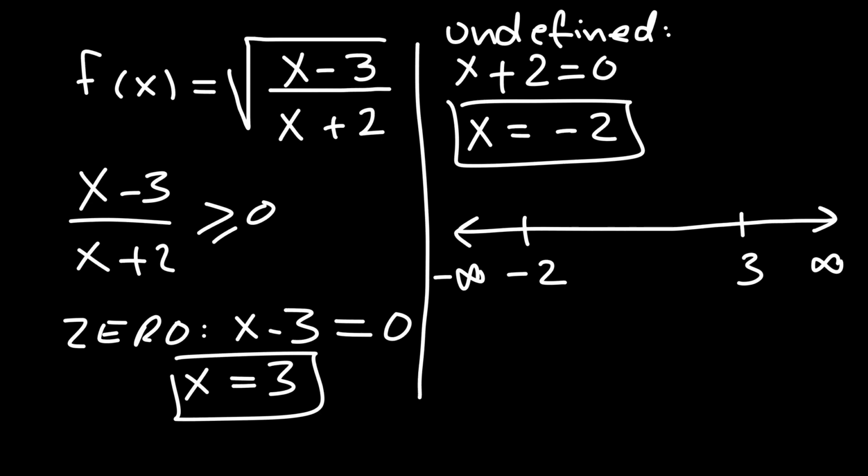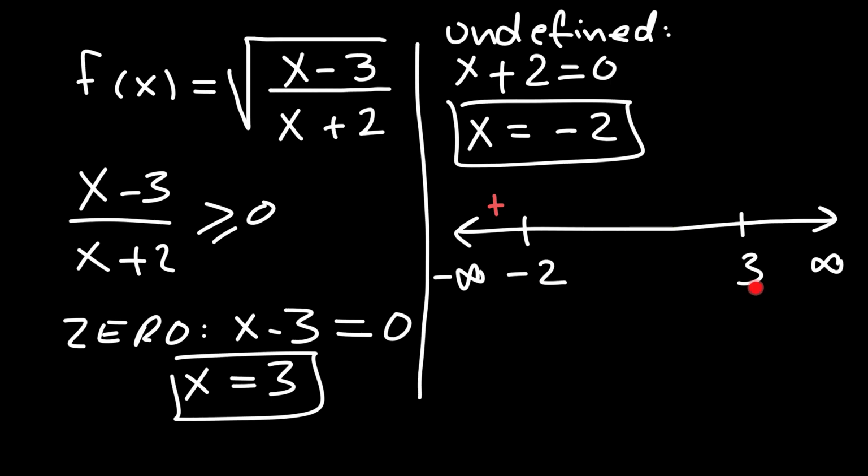Minus 3 minus 3 will give us a negative 6, so we will have a negative sign. Here, if we put negative 3 plus 2, we will get again a negative sign. So whenever we divide two negative signs, we will get a positive number. So in this range, our fraction will be positive. Let us jump into this.